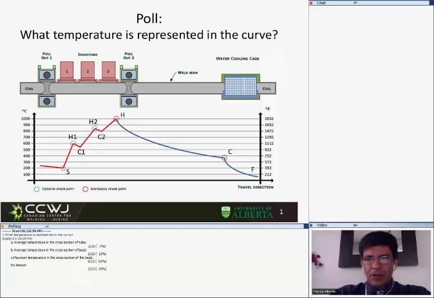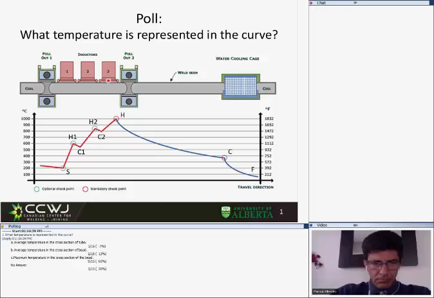All right, so now everybody should see the results. The answer that most people chose was that it's the maximum temperature in the cross section of the bead, and that is correct, because the parameter is measuring just the temperature on the outside of the tube, and the outside is the hottest part.